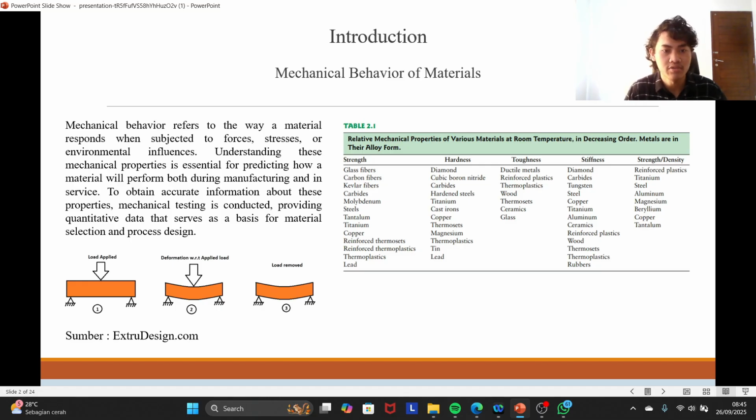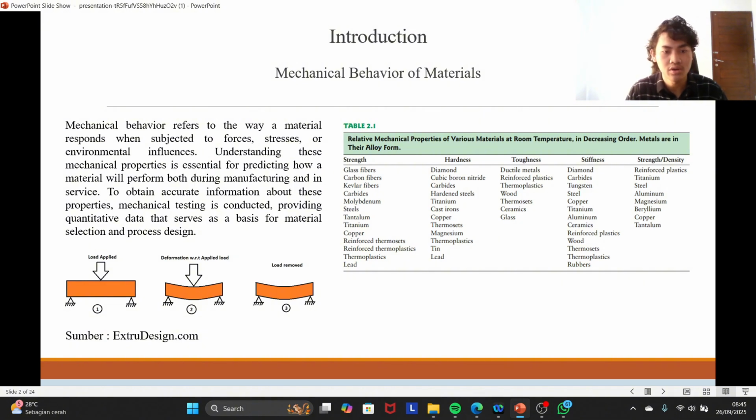Mechanical behavior refers to the way a material responds when subject to force, stress, or environmental influences. Understanding these mechanical properties is essential for predicting how a material will perform both during manufacturing and in service.